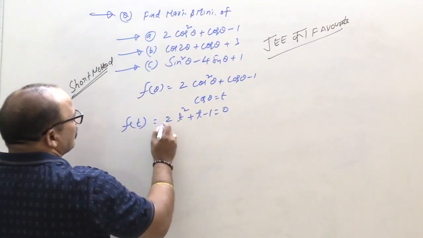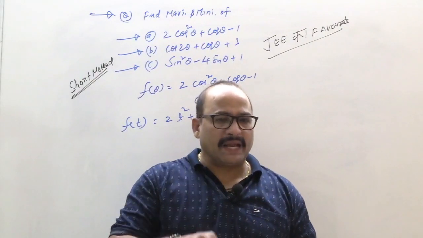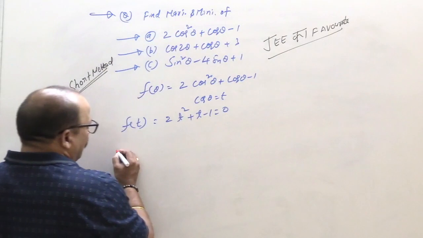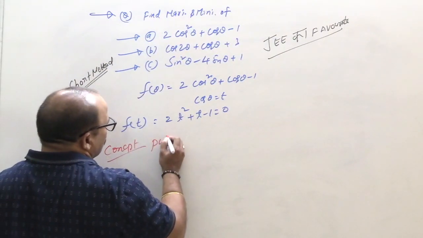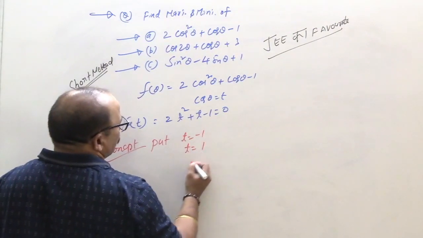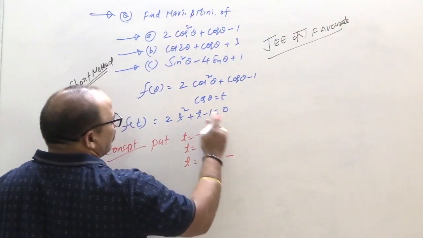To get the maximum value and minimum value for this problem, the concept is to put the t values minus 1, t equal to plus 1, and t equal to minus b by 2a.